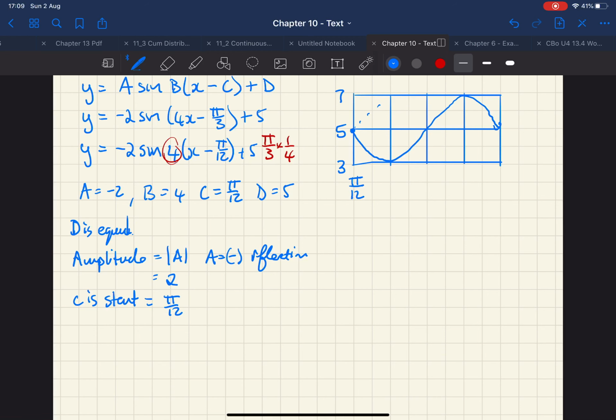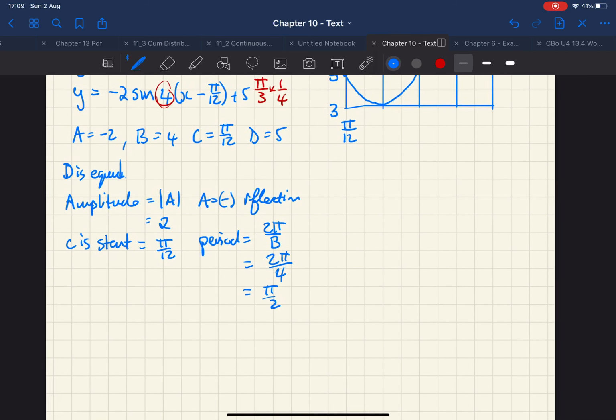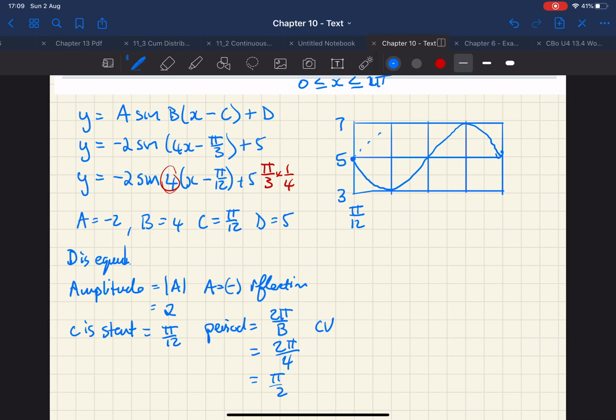I need to know my period. My period equals 2π over b, which is 2π over 4, so that is π/2. Now, for my critical values, I want to know how big each one of these is.